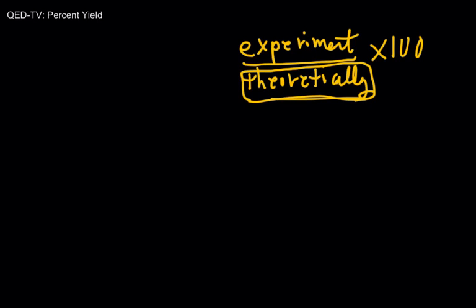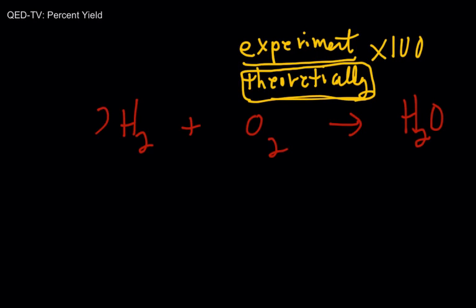Let's say we're working with the most simplified reaction that we know. We're going to make some water, and of course we do that with hydrogen gas and oxygen gas. We've seen this a lot, and we get the balanced recipe. Of course, it would be 2 parts hydrogen for every 1 part oxygen.